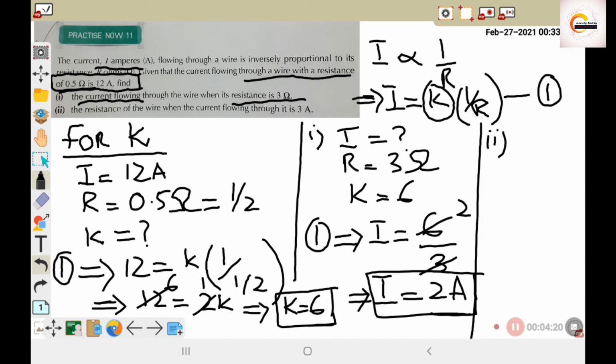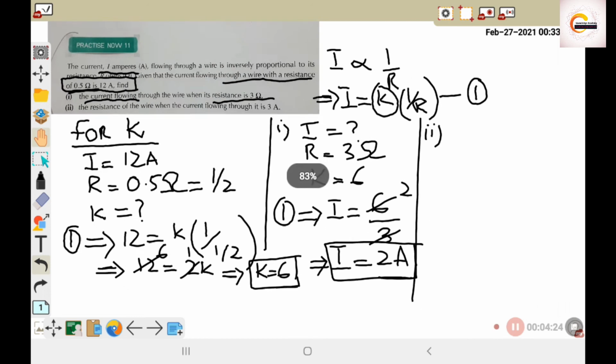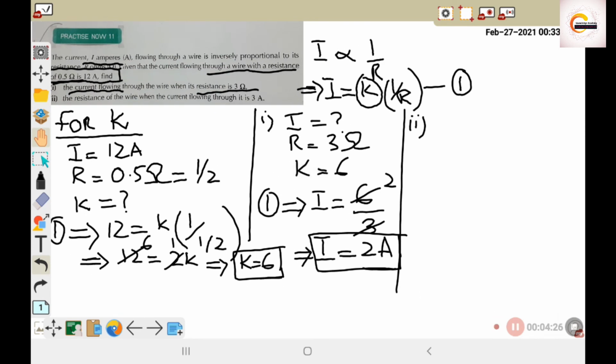Now part 2. Find out the resistance of the wire. So here resistance is required when I, current flowing through it, is 3 ampere, and K we already know is 6.